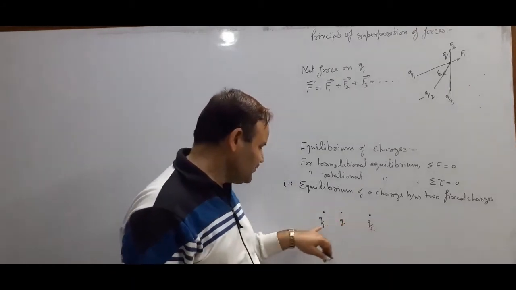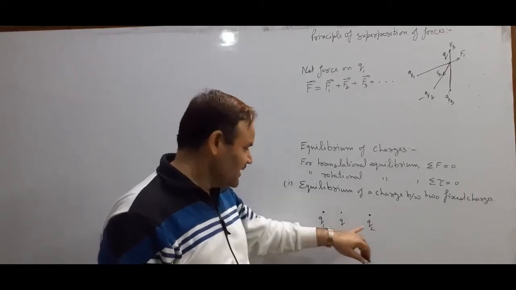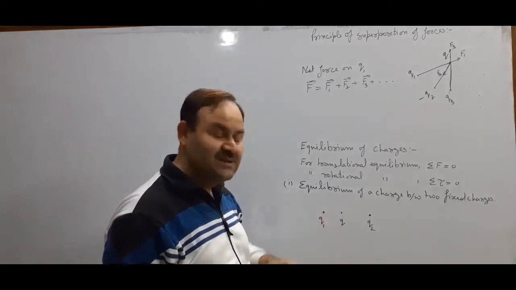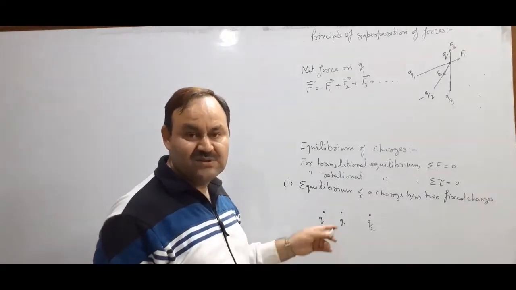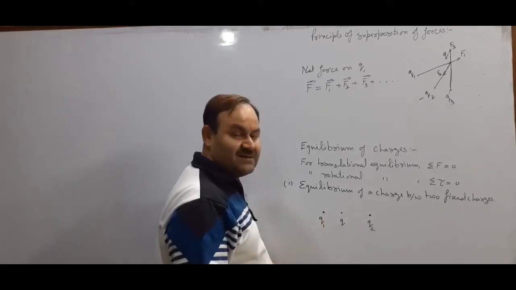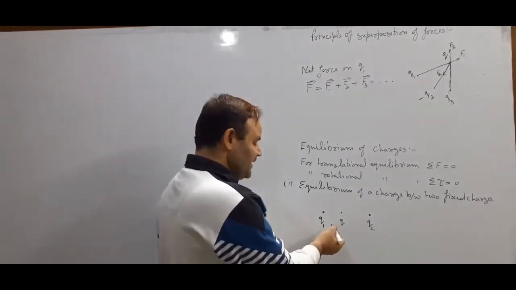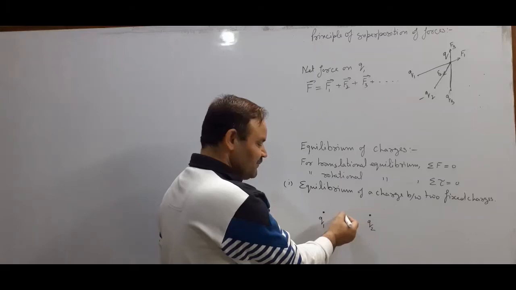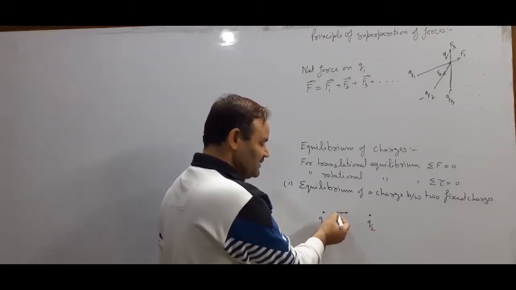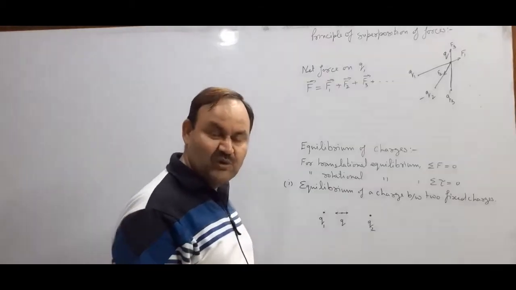Then, since these two charges are fixed, there is no need to consider the forces on these two charges. We will have to consider forces on charge Q only. If all three charges are of same nature, then Q1 will repel Q, while Q2 will repel Q in the opposite direction.